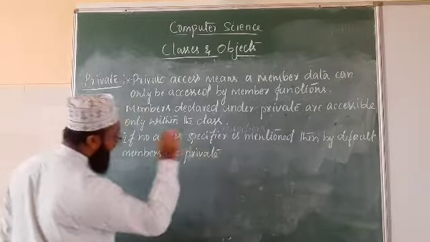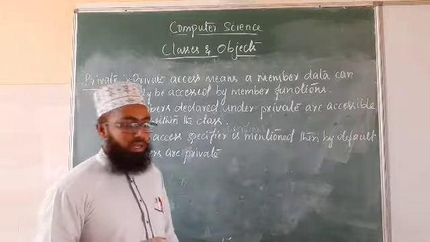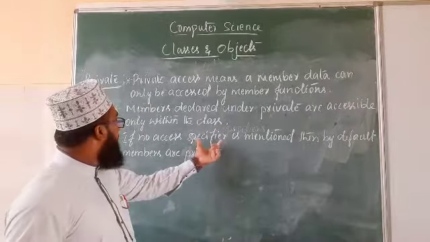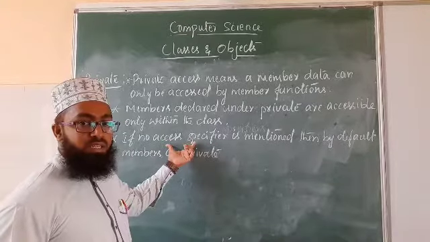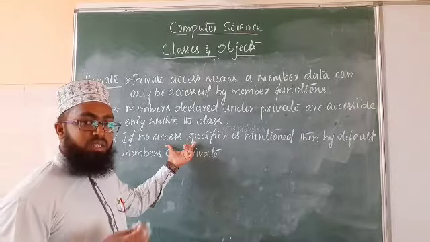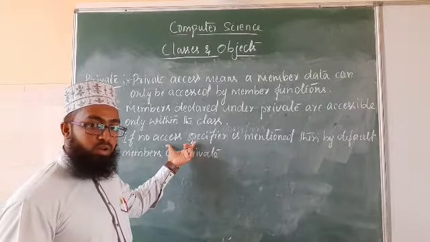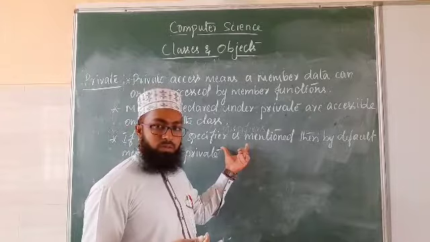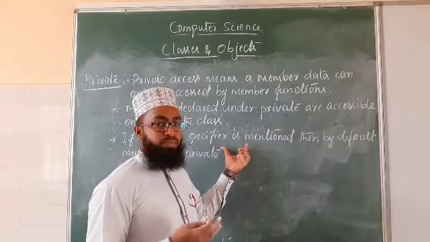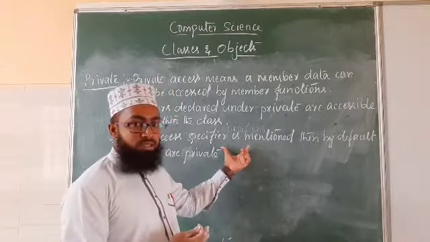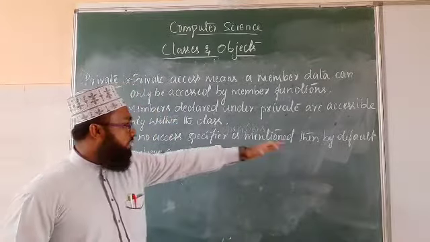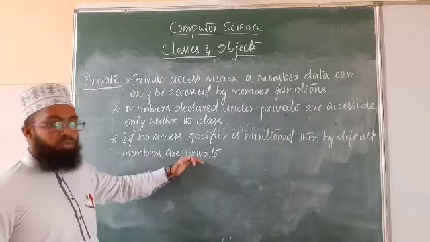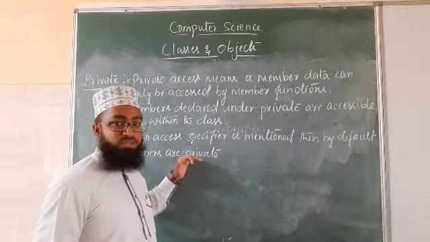If in a class members are given, but their access specifier is not mentioned, whether they come under private access specifier or public access specifier, then by default, automatically the members will move to the private access specifier.